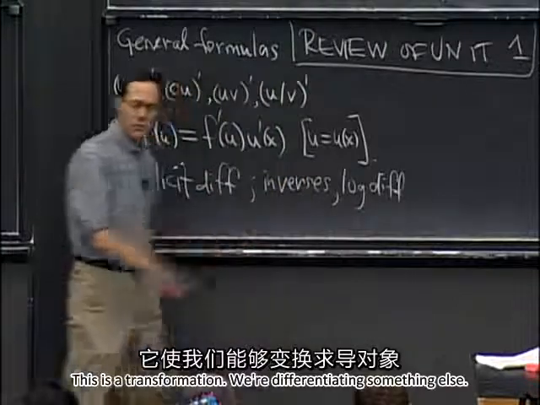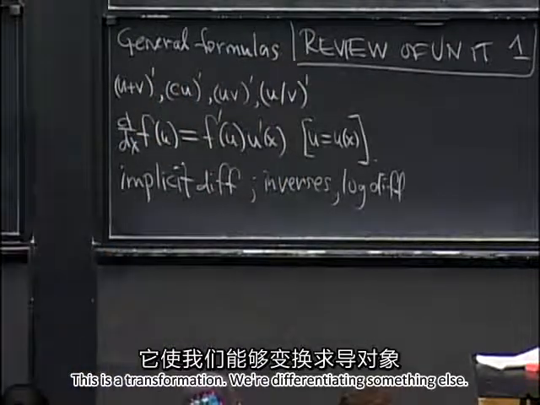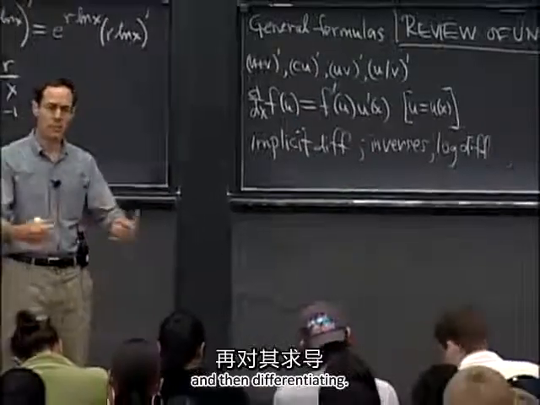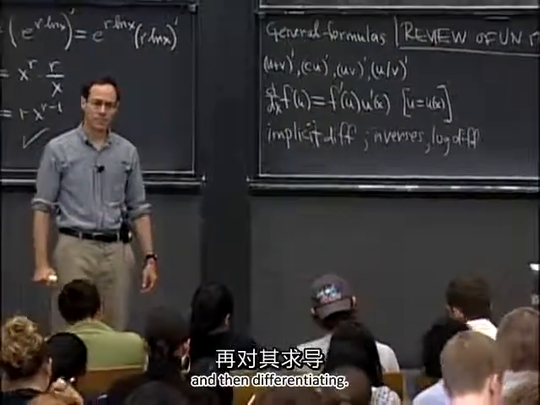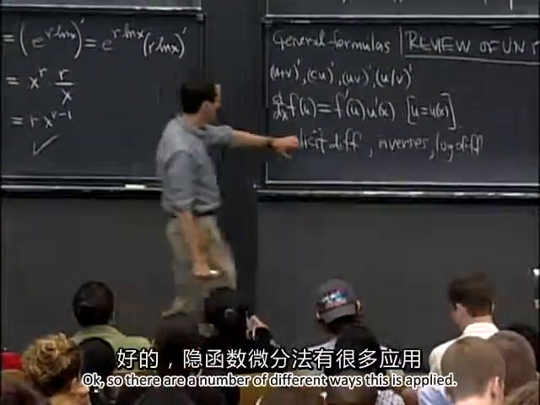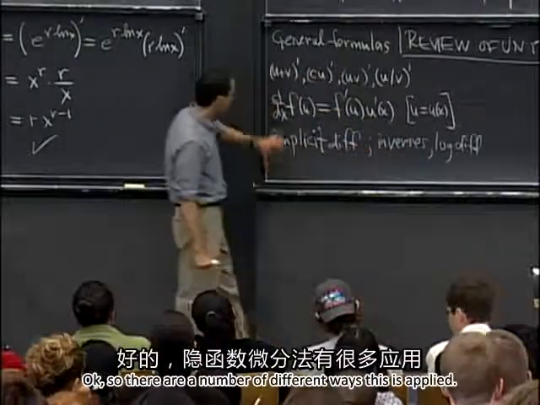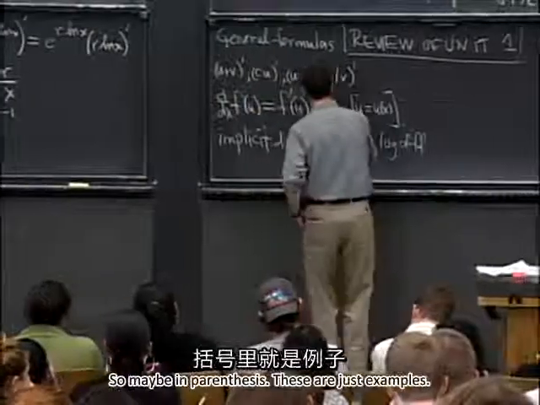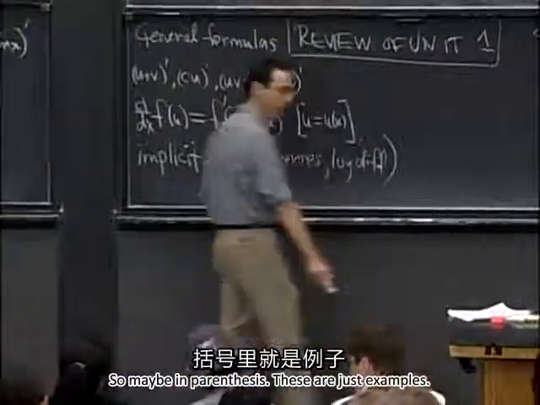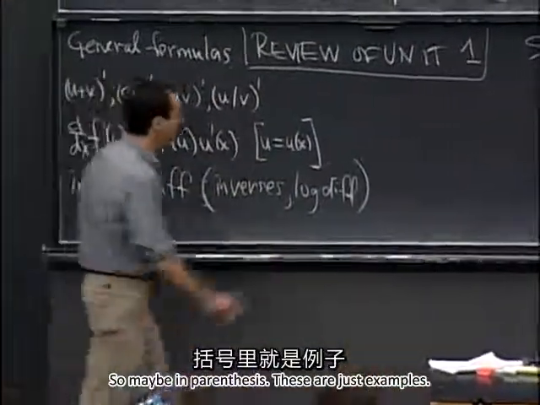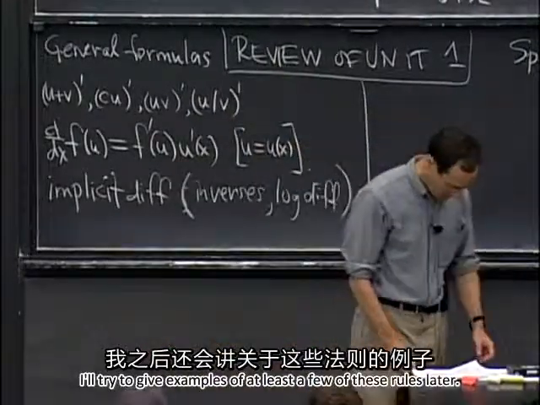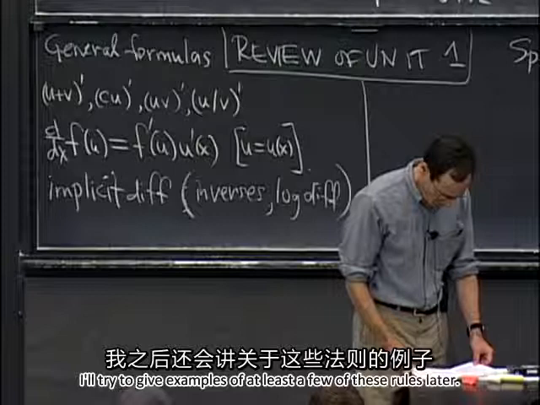This is a transformation. We're differentiating something else. We're transforming the equation by taking its logarithm and then differentiating. Okay, so there are a number of different ways this is applied. These are two of them, maybe in parenthesis. These are just examples. All right, I'll try to give examples of at least a few of these rules later.